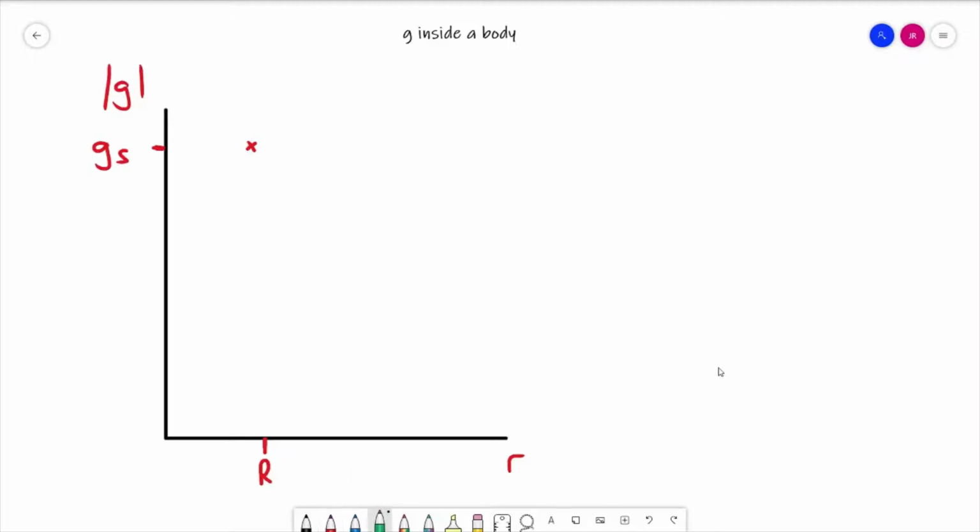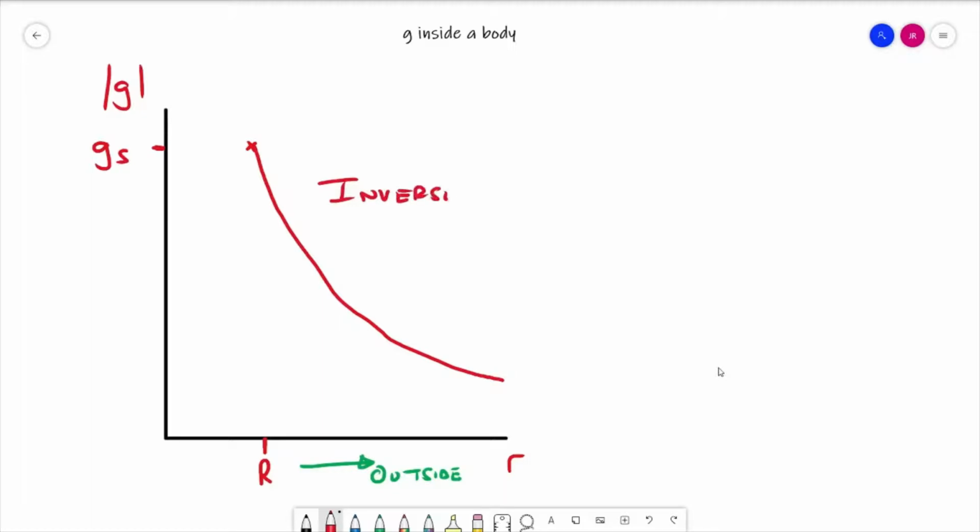Outside the planet then, which is everything in this direction, the graph is an inverse square graph. Because we know that g is proportional to 1 over r squared.